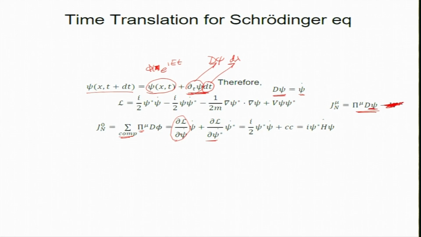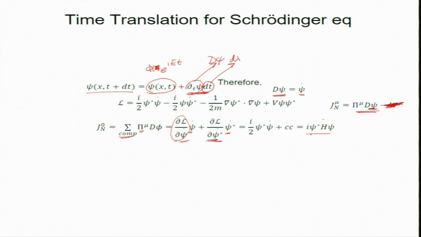For psi this is psi dot, for psi star it is psi star dot. So this is going to be i by 2 psi star psi dot, and the other one is just the complex conjugate.